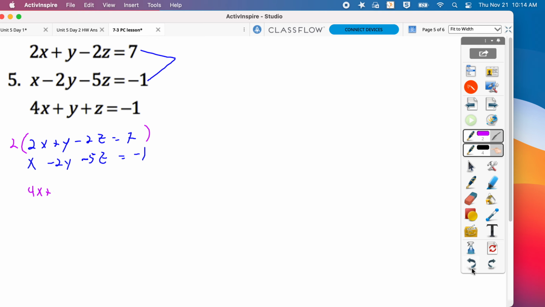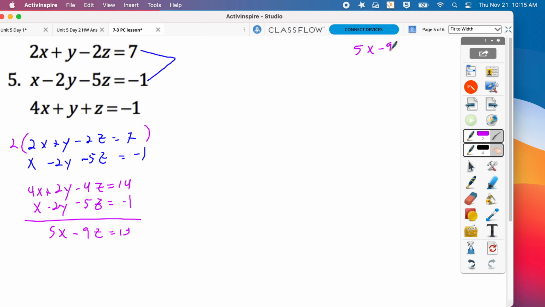Multiply everything by 2. Leave the bottom one the same. 5x minus 9z equals 13. All right, I got rid of the y's.